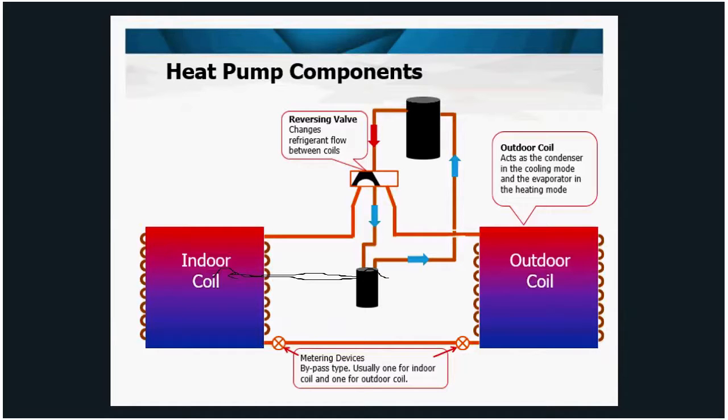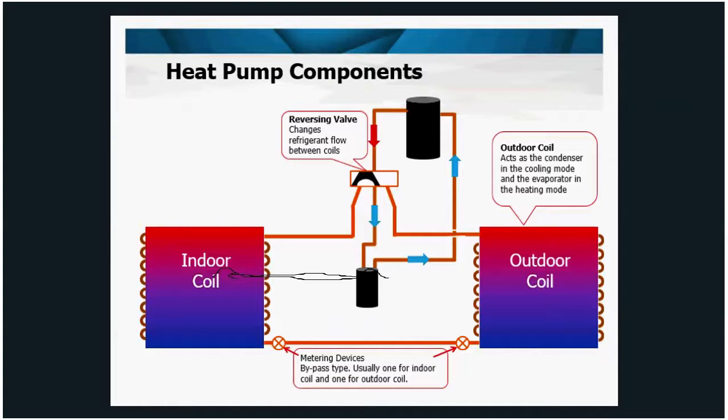Some older units had a single metering device. It was a biflow type metering device, and it would usually be at the outdoor unit, and the liquid line going from the outdoor unit back to the indoor unit was actually low pressure. I believe it was Westinghouse had it, and there may have been a few others.